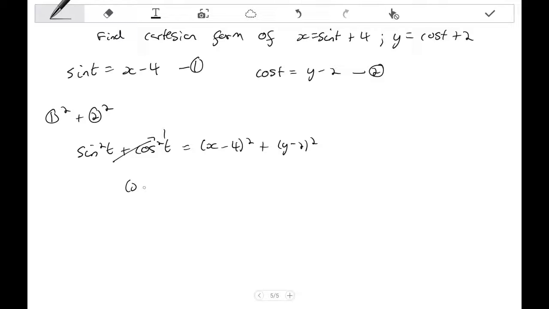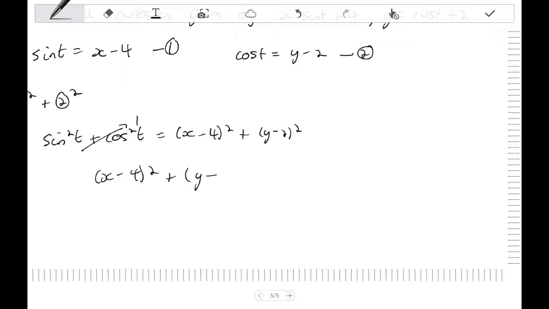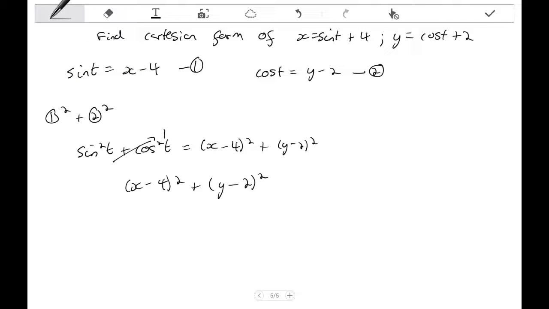So you end up with (x minus 4) squared add (y minus 2) squared equal to 1. So this would be a circle, center (4, 2), radius 1.